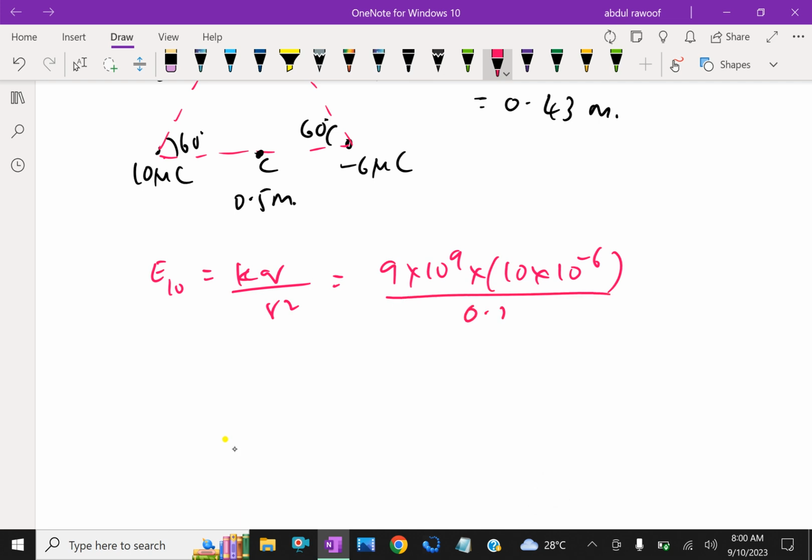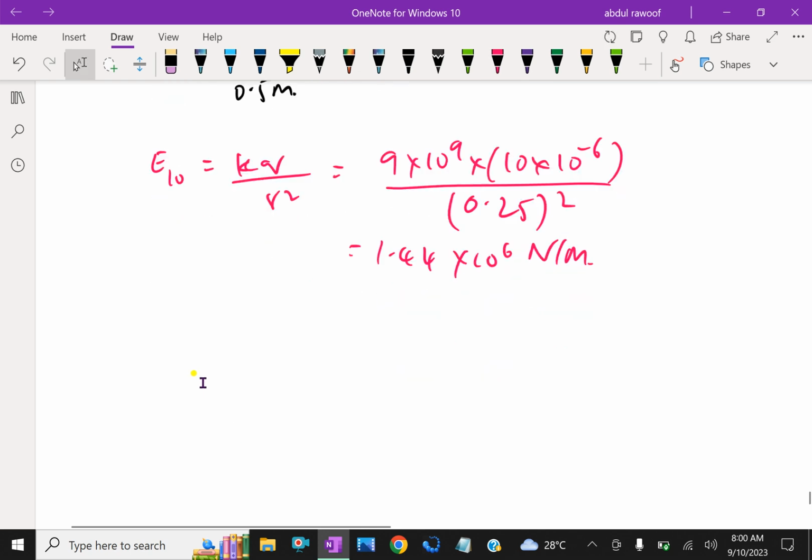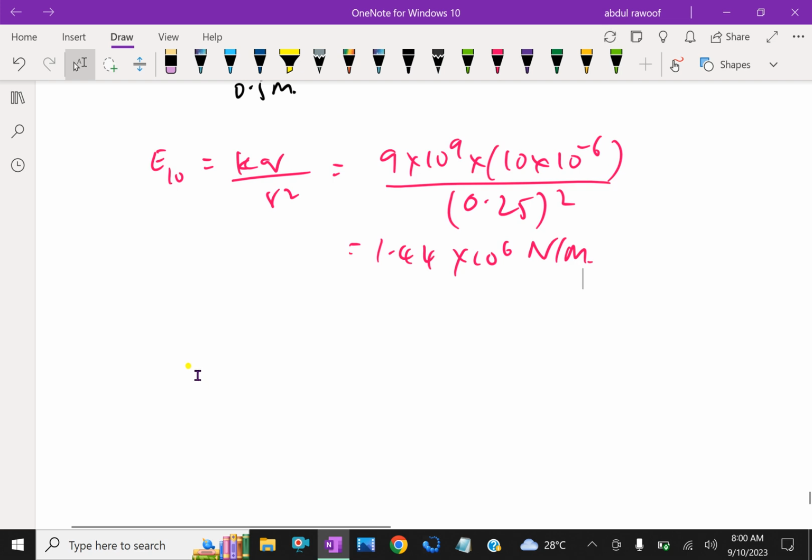The midway distance is 0.25 squared, which gives 1.44 into 10 power 6 newton per meter. Since the charge is positive, that is 10 microcoulomb, the electric field is directed to the right.